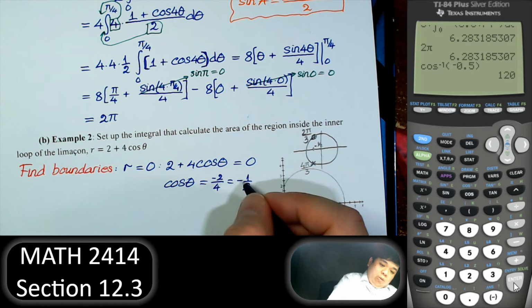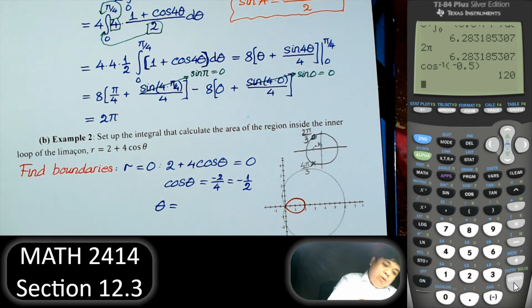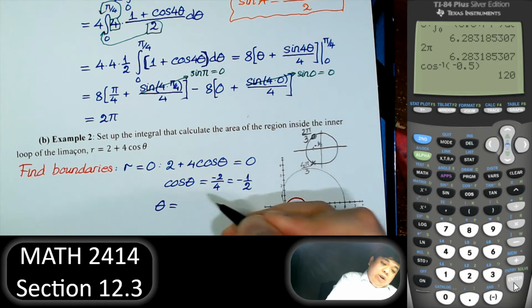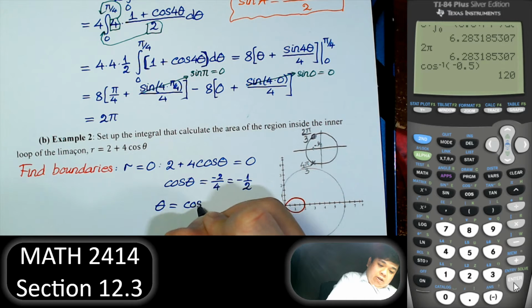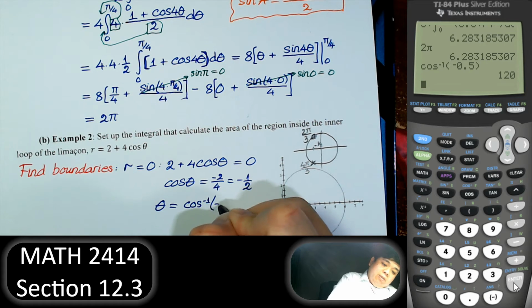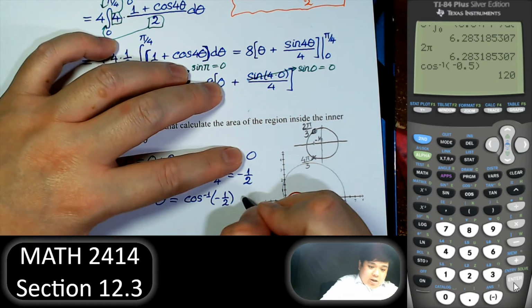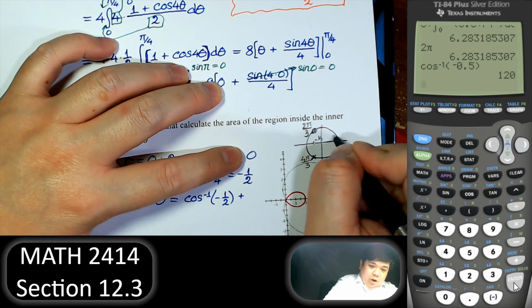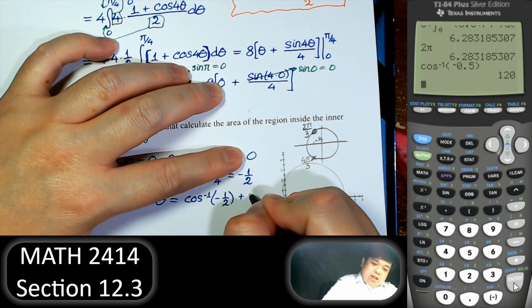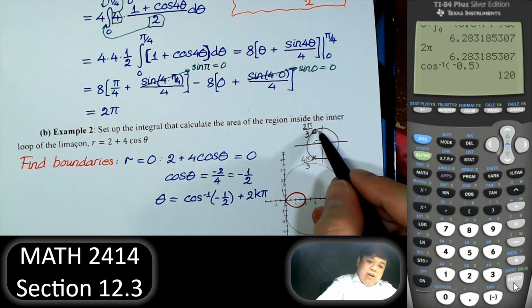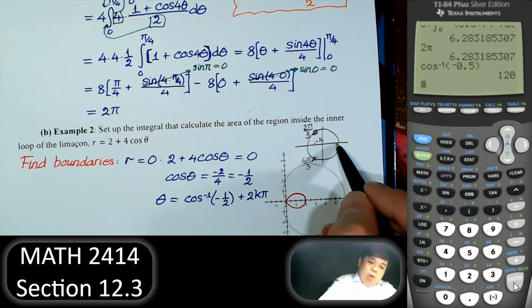Right. So when we solve for that, we have theta equal to cosine inverse of negative 1/2 plus, we can go around and around, 2k pi, or we can also have the positive or the negative.